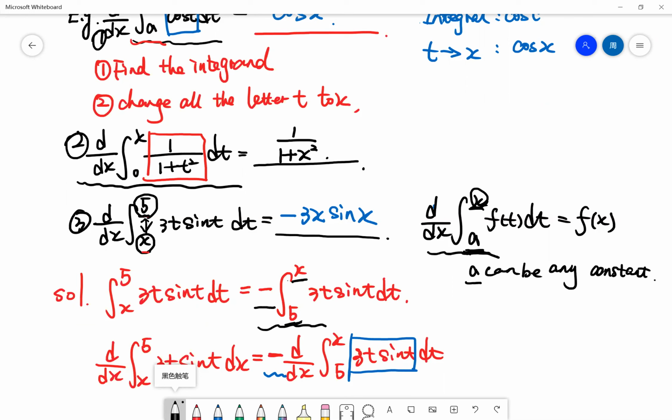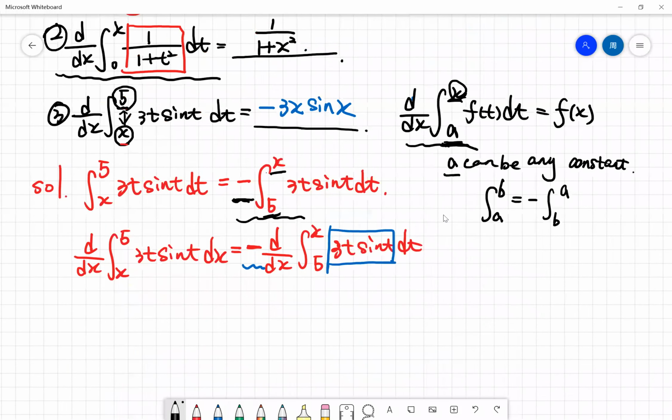We have reviewed this part, right? The integral from a to b equals minus the integral from b to a. So here we have a minus sign before the definite integral, and then we can use this formula.